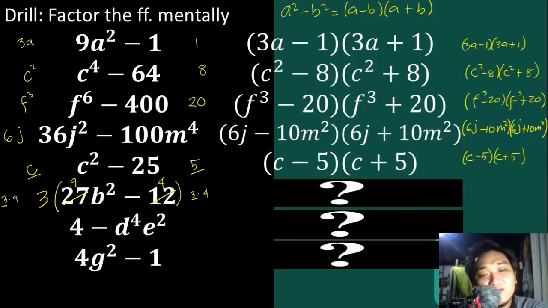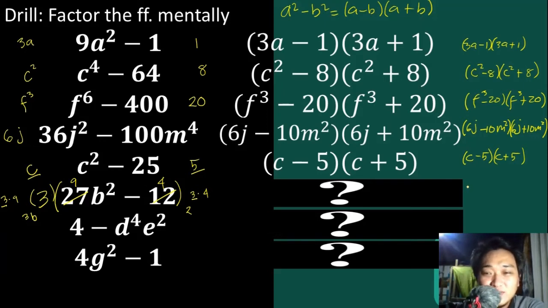Ngayon, tingnan natin kung pwede nating makuha yung square root nila. 9b squared, ang square root nila is 3b. While si 4, ang square root niya is 2. So, don't forget, meron kang greatest common factor na 3. So, ano yung magiging factor nito?